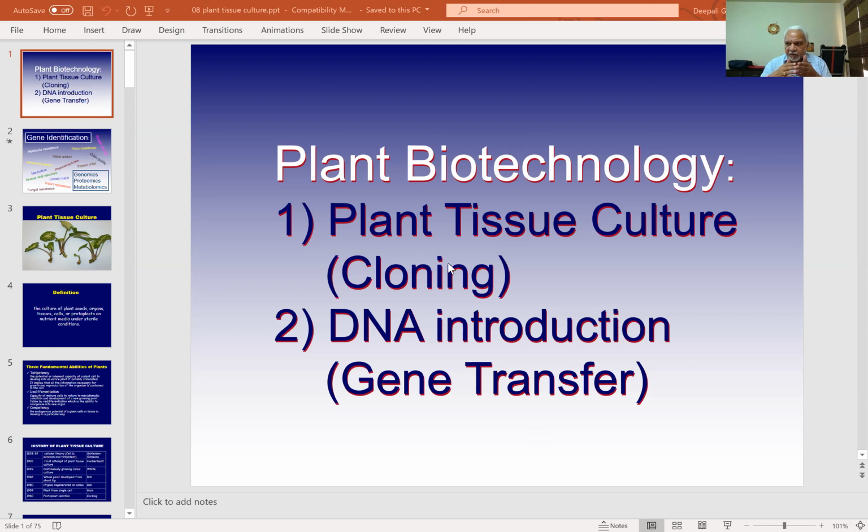And then the DNA introduction or the gene transfer basically means genetically modifying plants for a particular reason, whether we want the plant to perform better in the field against abiotic or biotic factors, and also qualitatively to improve the product of the plant.